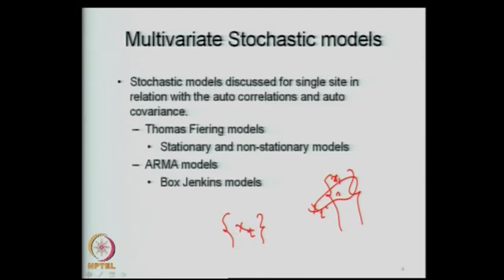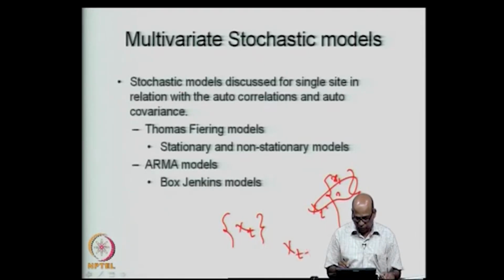So, with respect to time, you have measured the values on the random variable x, and that is what constitutes the time series. So, we were talking about single site models. At one site you have the observed data, and then you are building the models for x t plus 1. Given x t, we are building models on x t plus 1, and this is what we use for long term generation of the data as well as for forecasting of the data.